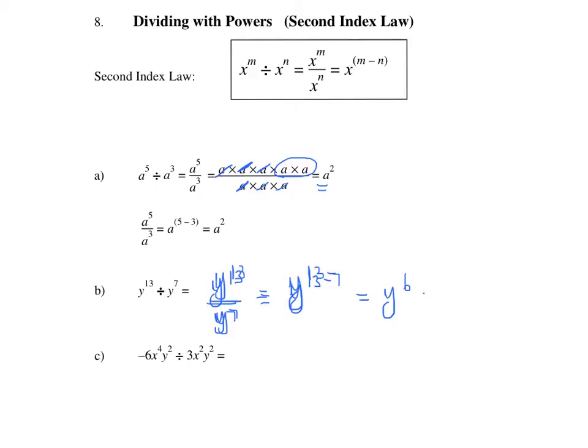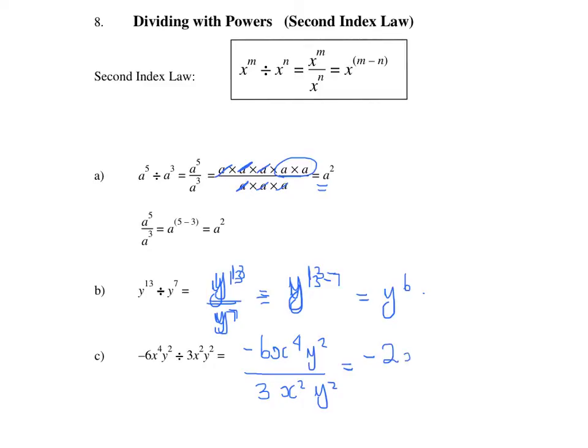For the next one, you'll notice there is more than one pronumeral, and we've also got coefficients for both terms. So it's negative 6 x to the power 4 y squared divided by 3 x squared y squared. Using the index law, well, first of all, evaluating the coefficient, negative 6 divided by 3 is negative 2.